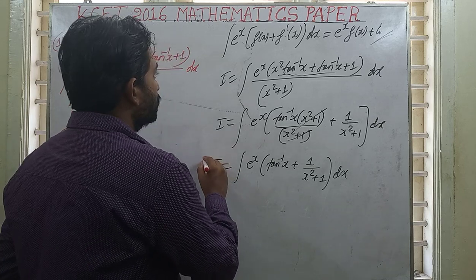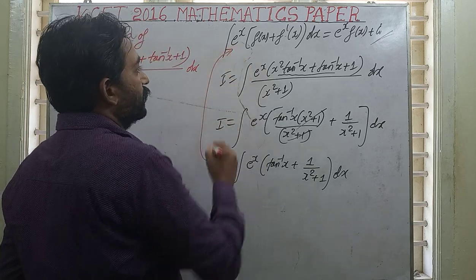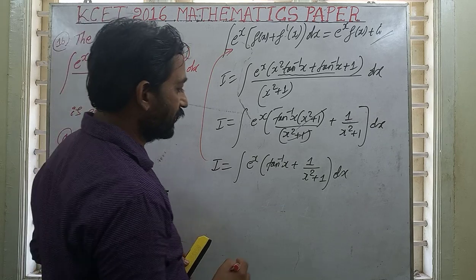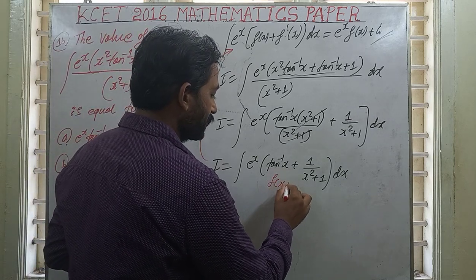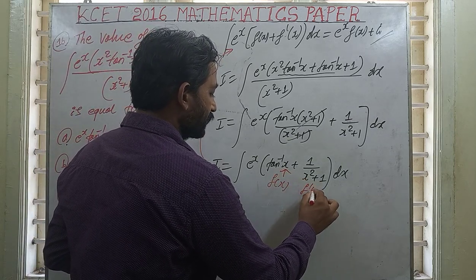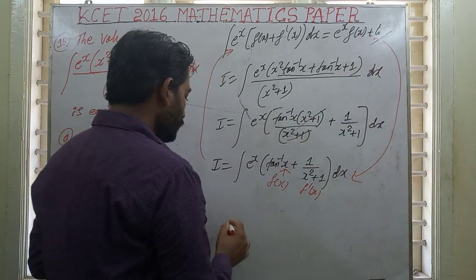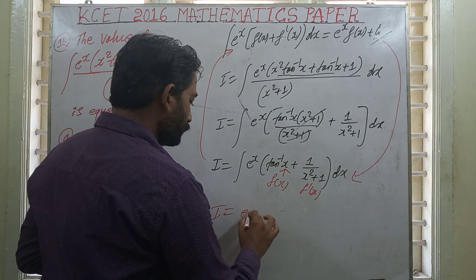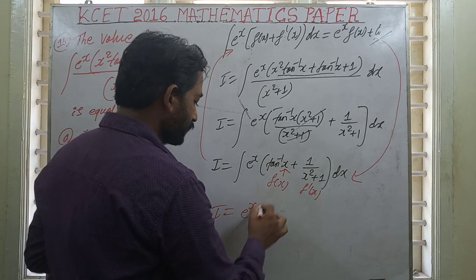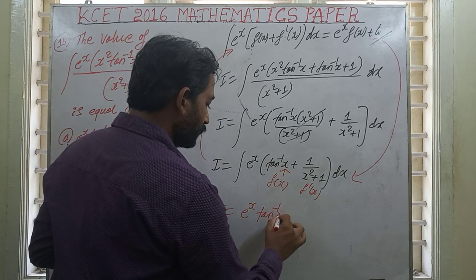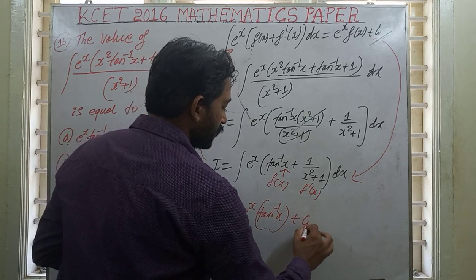So now this is in the form e^x times [f(x) + f'(x)]. This is f(x), this is f'(x). Using the formula, I is equal to e^x f(x), nothing but e^x tan⁻¹x + c.